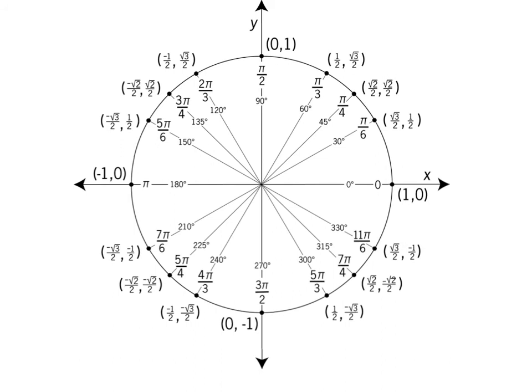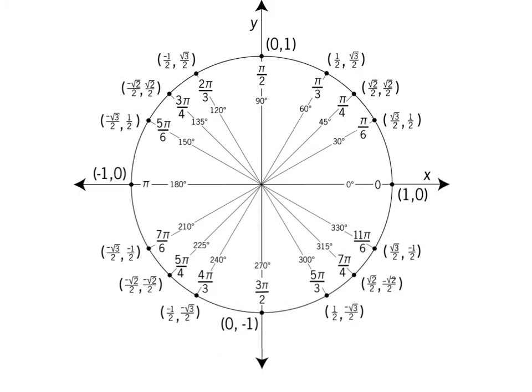Notice on the unit circle, it has all of those angles from the special right triangles. 30, 45, 60, 90, 120. These were all the angles we calculated. Again, you're going to memorize them in terms of radians, not angles anymore.